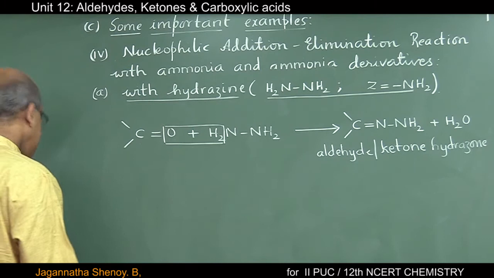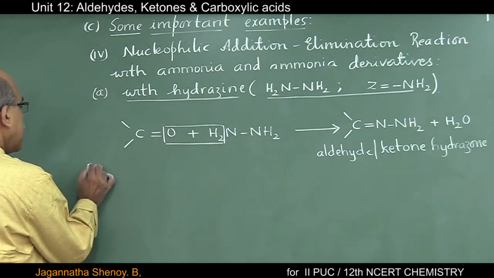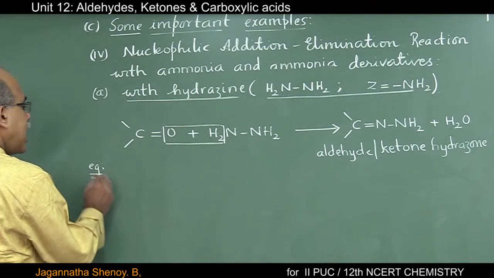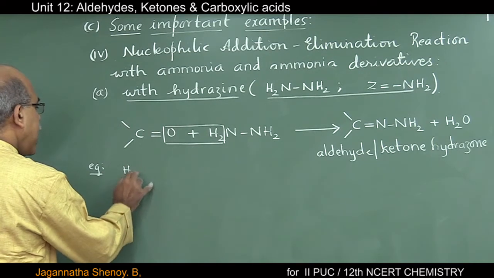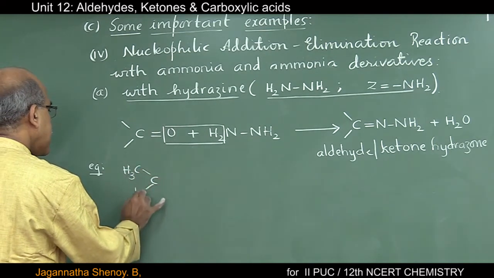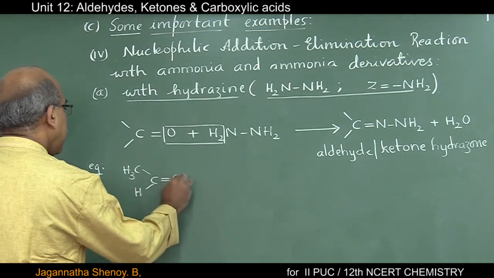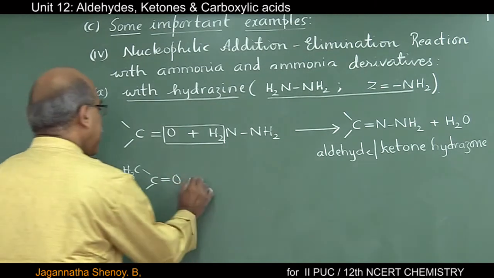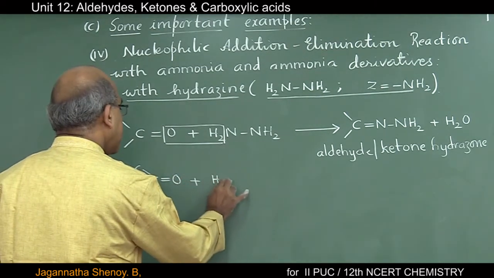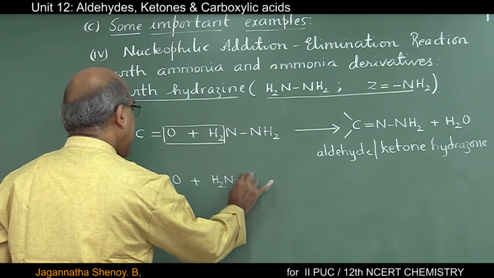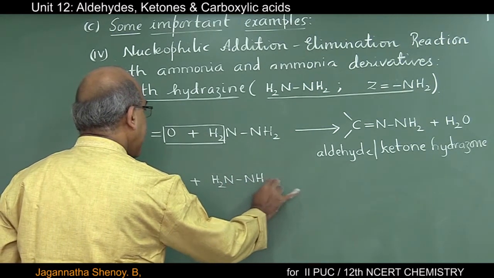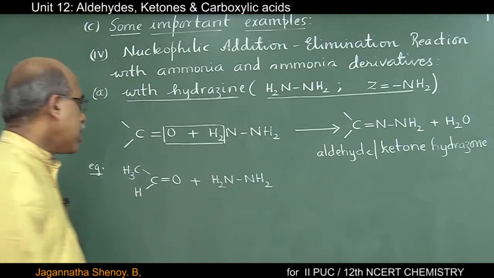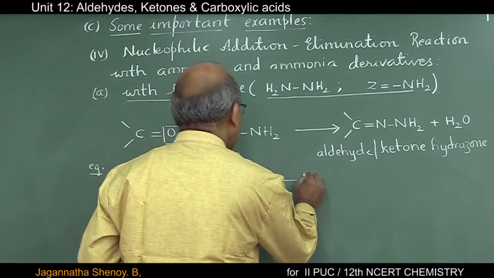So let me write specific examples. I start from acetaldehyde, CH3CH double bond O, plus I am going to treat it with hydrazine, NH2 single bond NH2. In what way does the reaction take place?